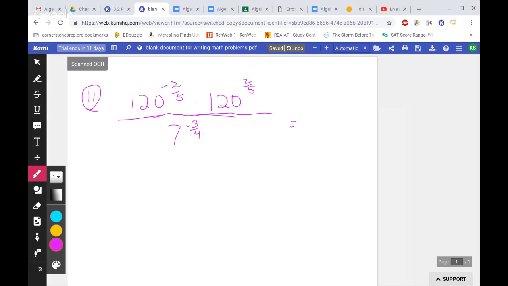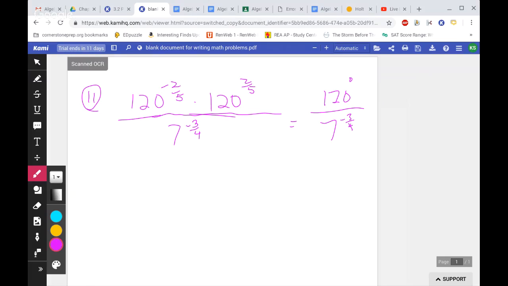Okay, so we have the same bases in the numerator because what we want to do is just break this down little by little when you have a problem that looks this daunting. So we're just going to start in the numerator. With like bases, you can combine the exponents. So when we combine a negative 2/5, it'd be 120 to the 0 power, all over 7 to the negative 3/4.